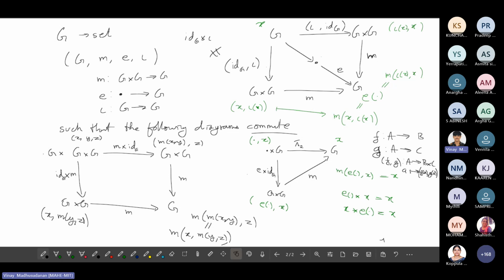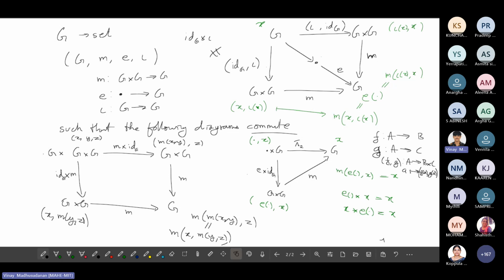Right, you take one element of G, namely x, map it using this to (x, Ix), using this to (Ix, x), and once you apply the multiplication or the operation, you get Ix dot x on this side and x dot Ix on this side, and along this direction you get that special element E of dot.